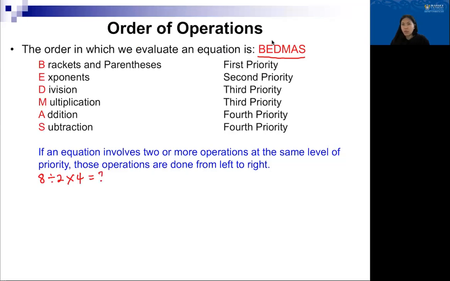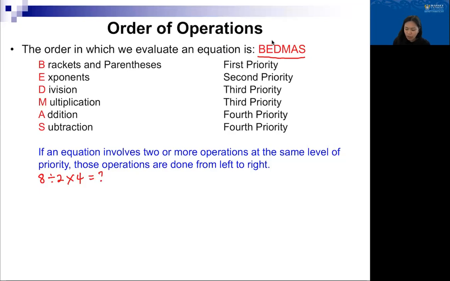Is that equal to 16 or equal to 1? Your calculator pretty much follows the order of operations of BEDMAS. So if you use your calculator, you would get 16.